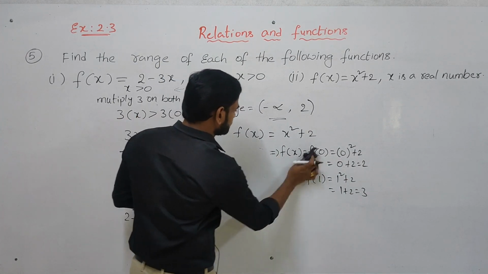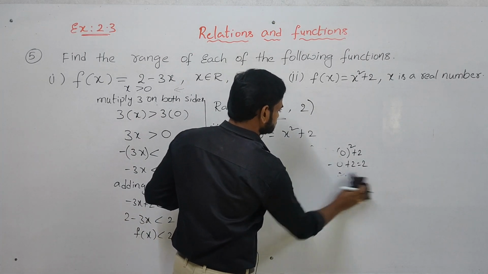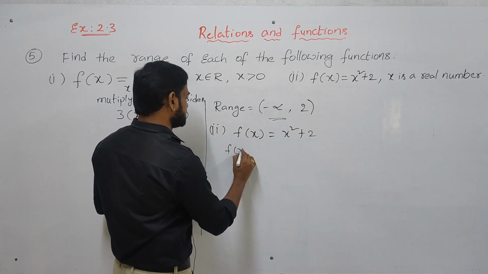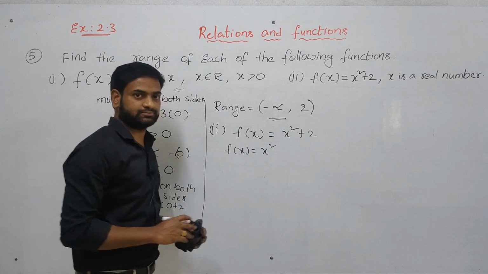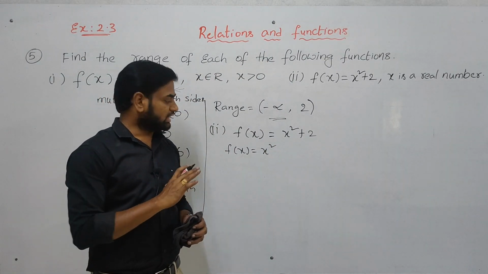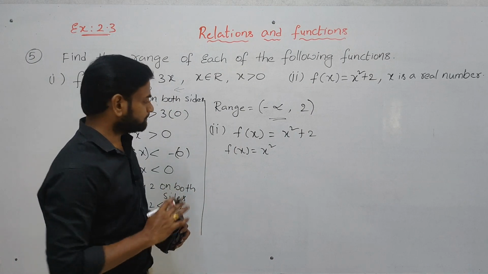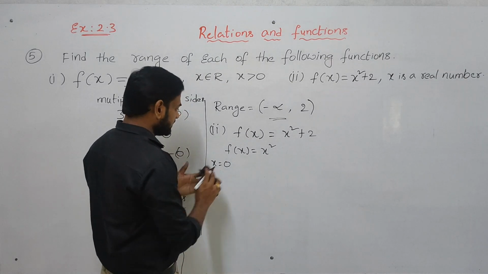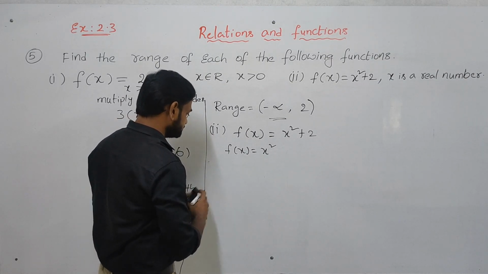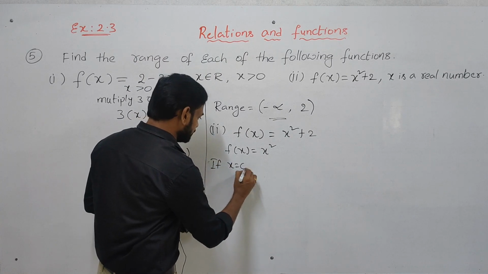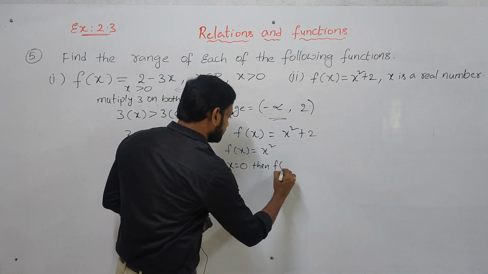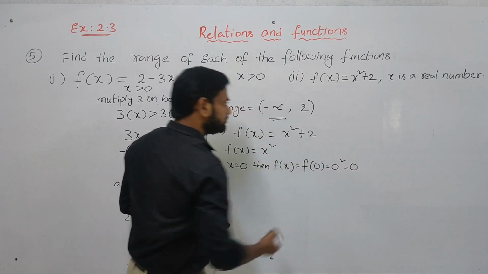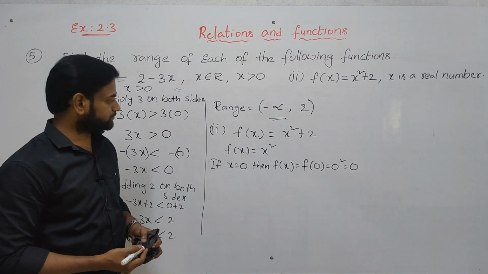So for that, see here, first suppose f of x is x square only. Now if x equal to 0, then f of x equal to f of 0 equal to 0 square, that is 0.